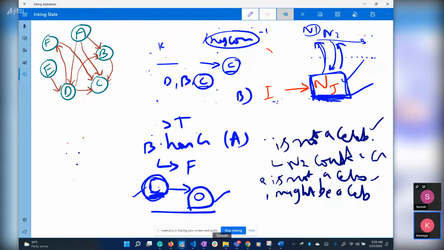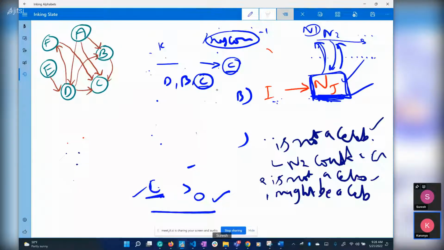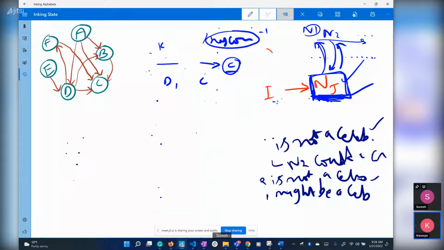If it is true, I'll eliminate A and take B as the temporary celebrity, and I'm going to check the other nodes. Already I have eliminated one node.